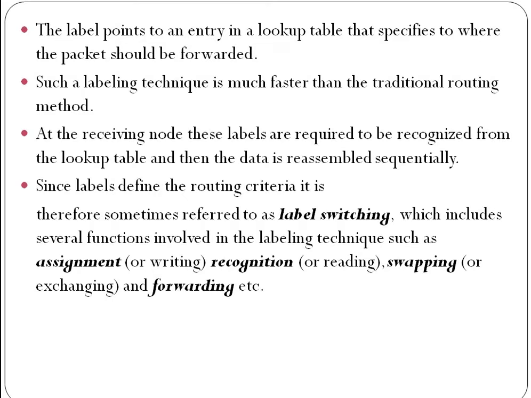Now at the receiving nodes, these labels are required to be recognized from the lookup table, and then the data is reassembled sequentially. Since the labels define the routing criteria, it is sometimes referred to as label switching.